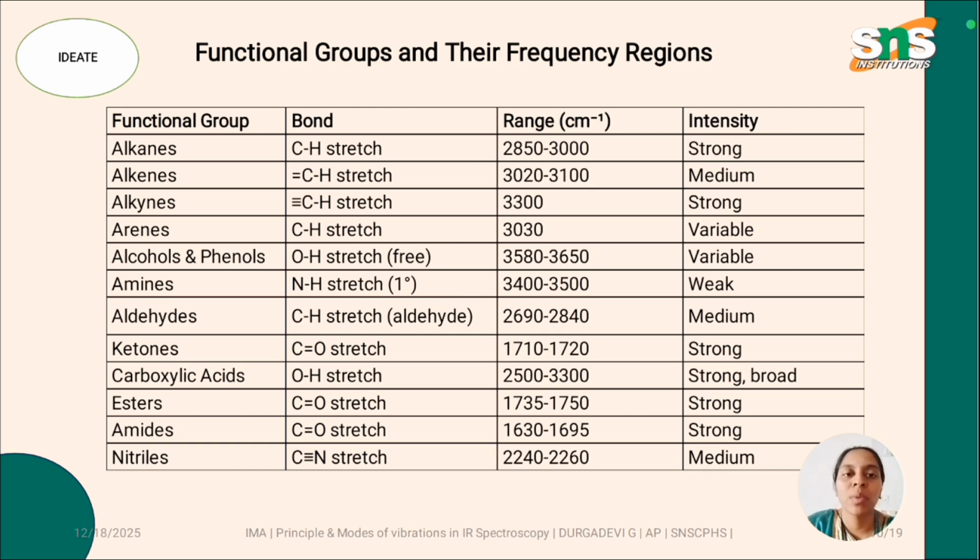The esters, COO group, and the amides, CONH group, also have C double bond O stretch, but you can see the wave number range varies for both compounds. The nitriles have C triple bond N stretch and exhibit absorbance at 2240 to 2260 centimeter inverse. So we can see the functional groups have different absorbances in their frequency regions.